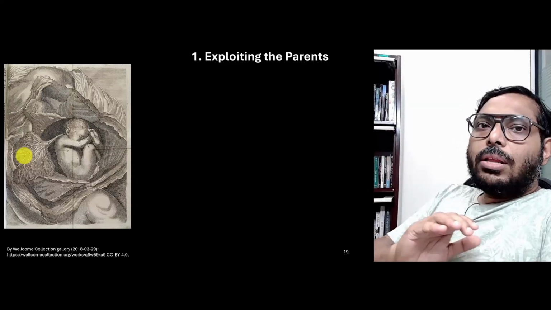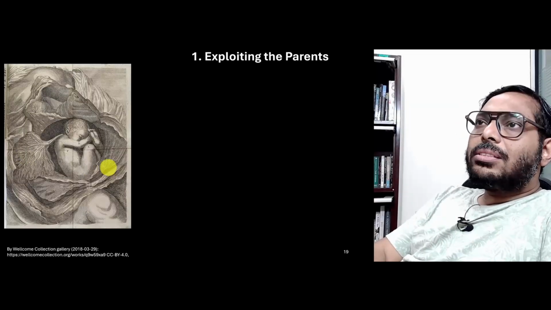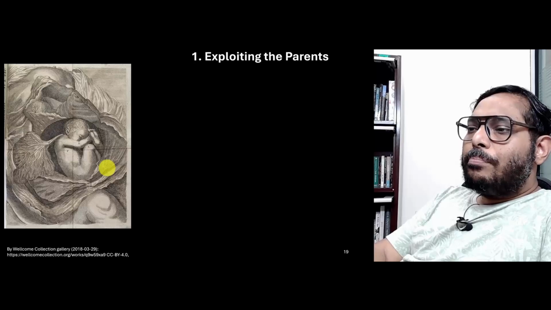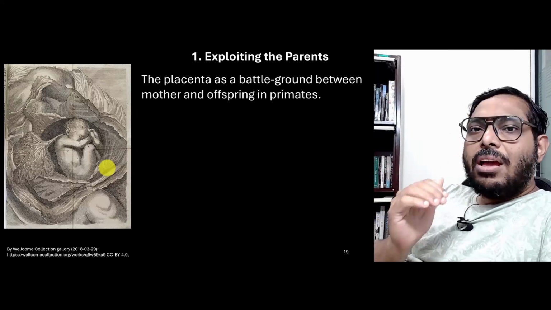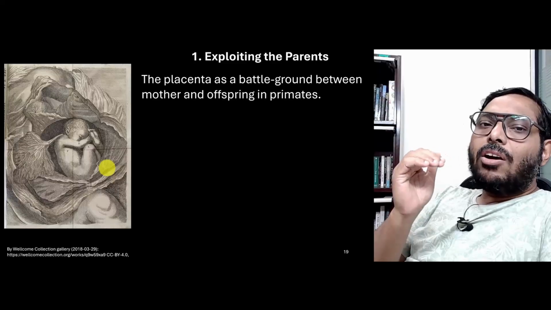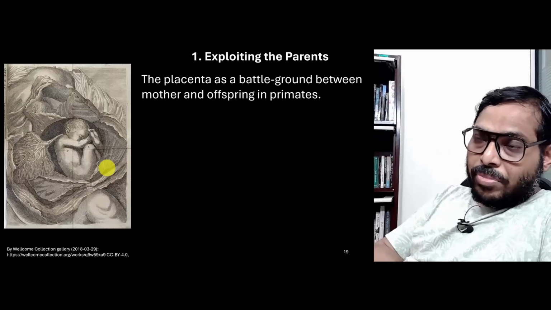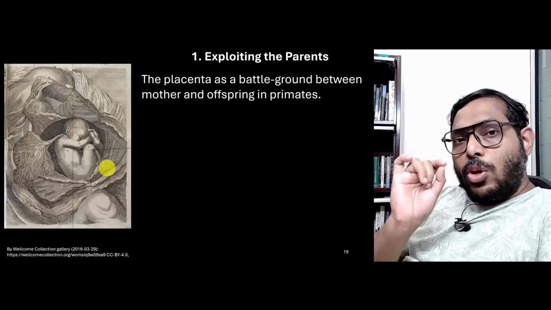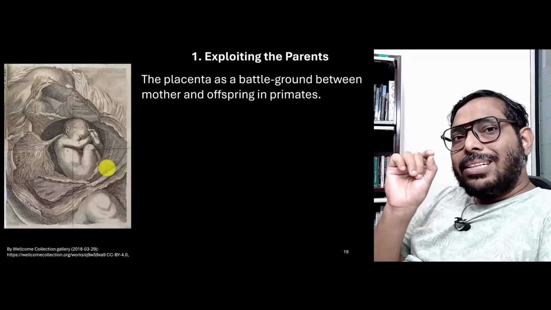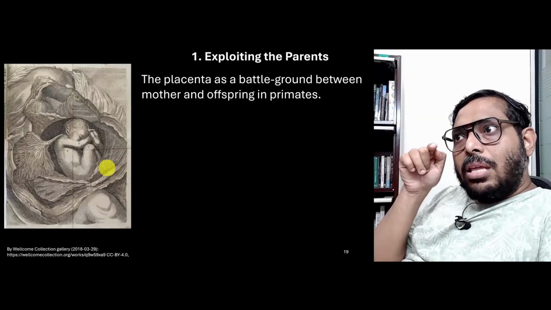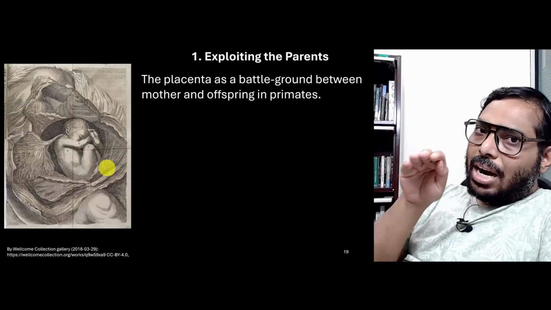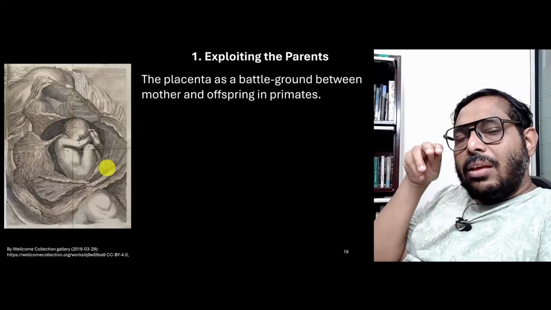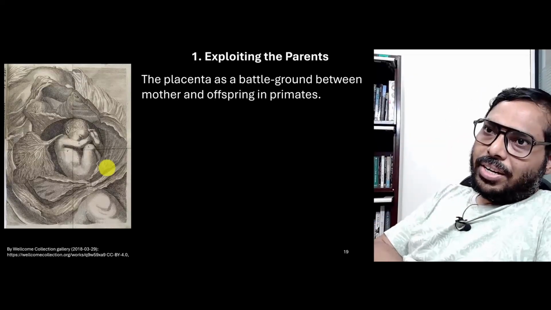Now, the placenta is perhaps one of the biggest and hottest battlegrounds between mothers and offspring, particularly in primates. For example, in humans, these placental cells will actually go and sit on the mother's artery, and they will invade inside the mother's artery.